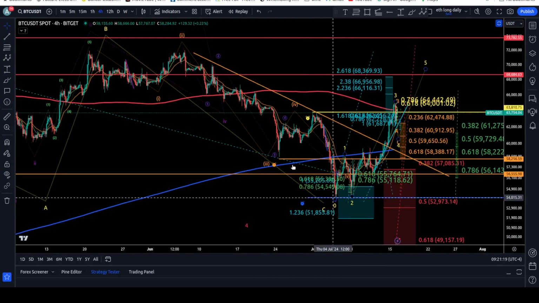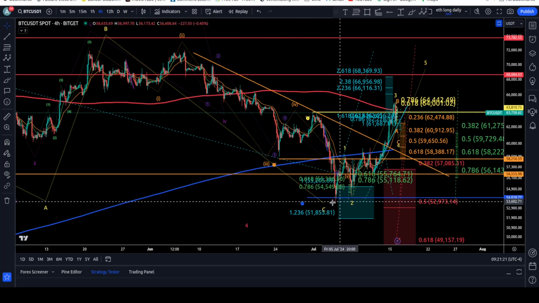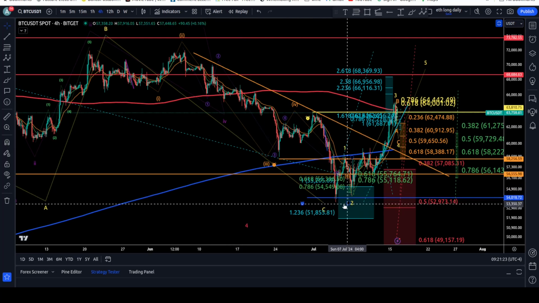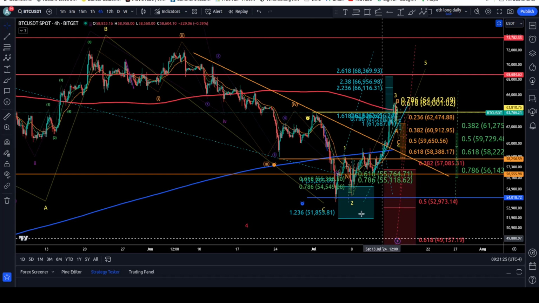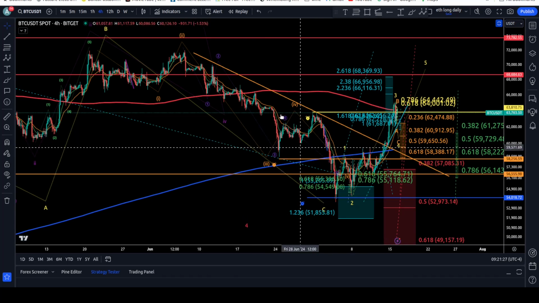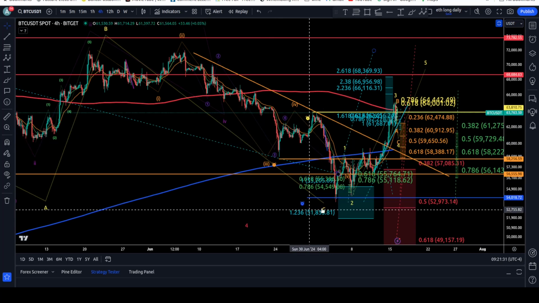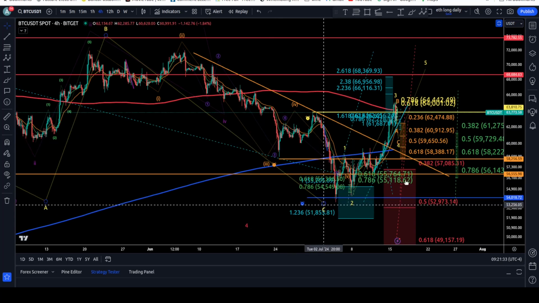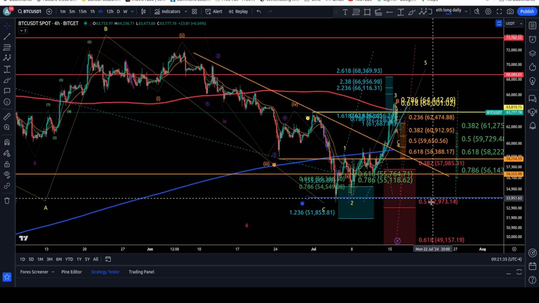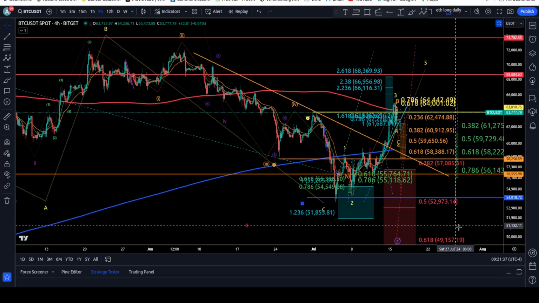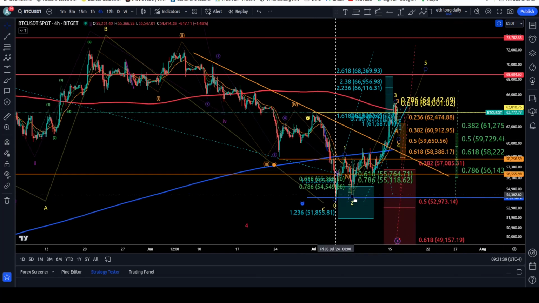Wave C is completed. We do have 5 waves, so we are meant for the reversal. We could go a little bit lower, but technically we do have 5 waves down. We're done. The C wave is done. Can we go even lower starting from now? Yes, we still can, but technically we're good to go.